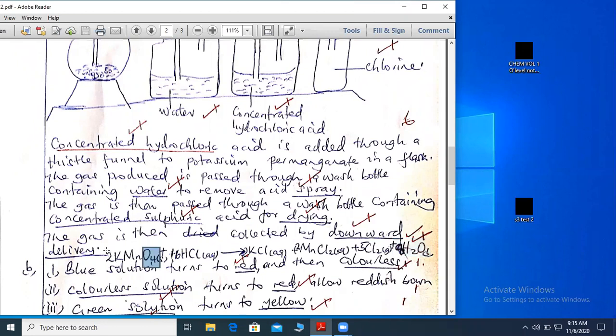So you put 2 to balance oxygen, and when you put 2, then you must put 2 on potassium chloride, and 2 on manganese 2 chloride. This is the formula for manganese 2 chloride. Most of you are forgetting the 2, and therefore you lost the marks. You are forgetting the 2 on manganese chloride and the 2 on chlorine.